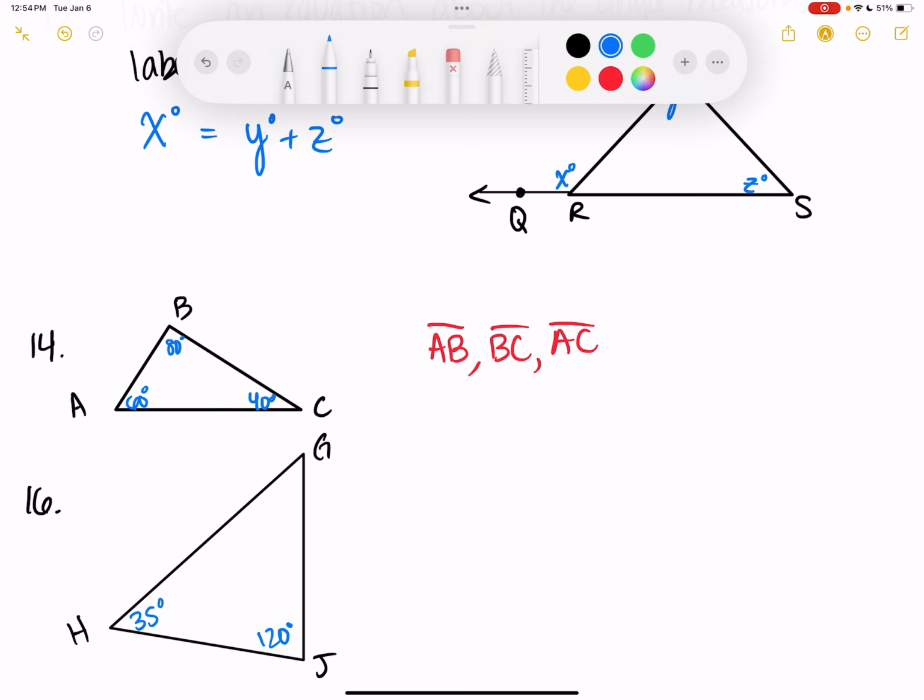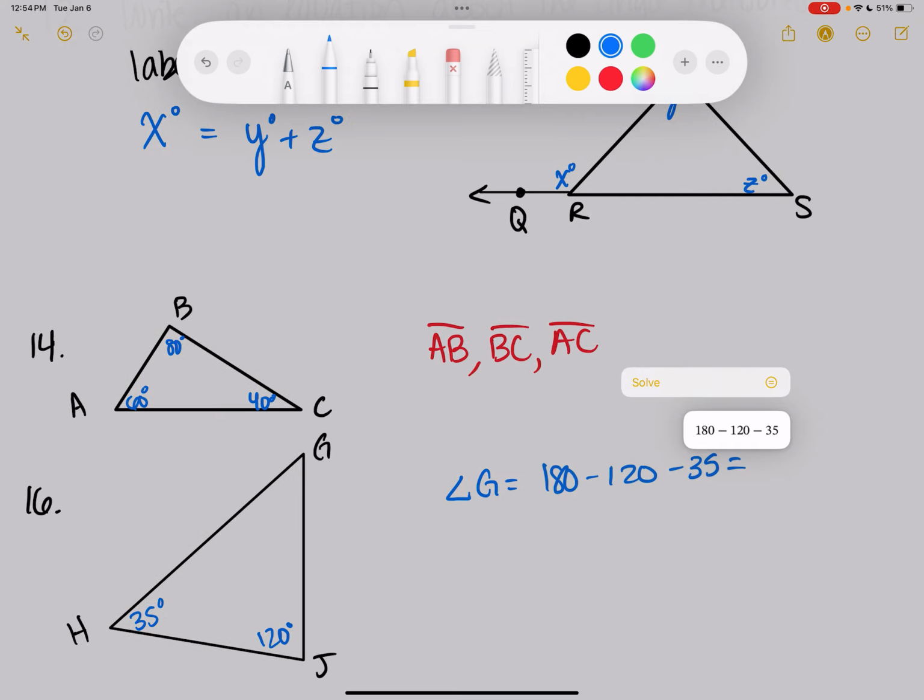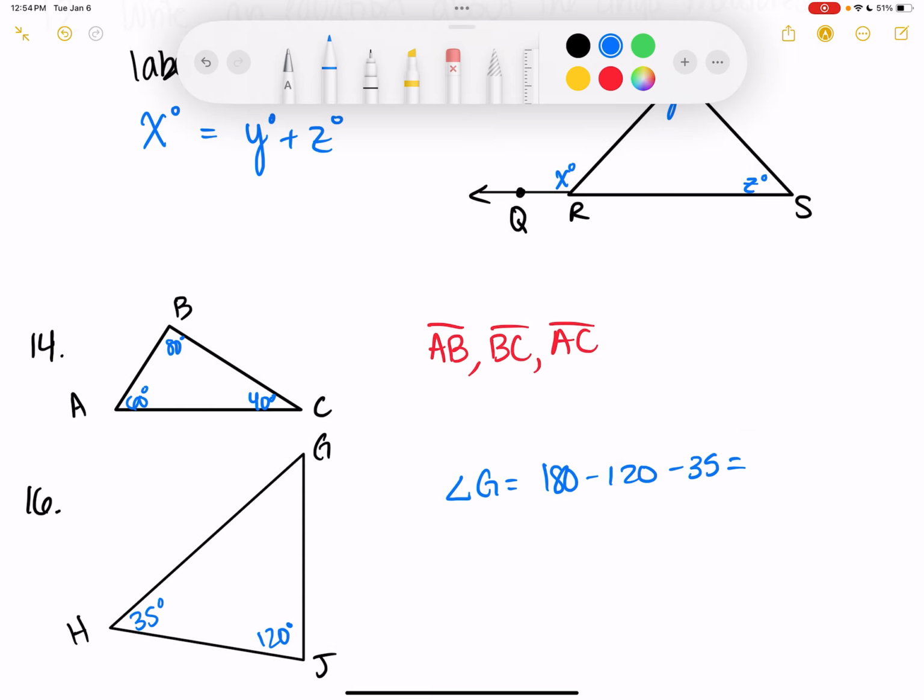So how would I find angle G? 180 minus 120, 35. Yep. So we subtract the other two from 180. Solve it this time. Okay. I cannot solve it. That's cool too. And so that ends up being 25 degrees.